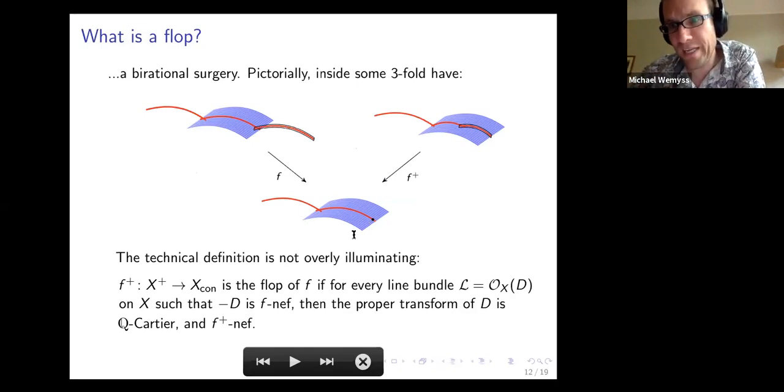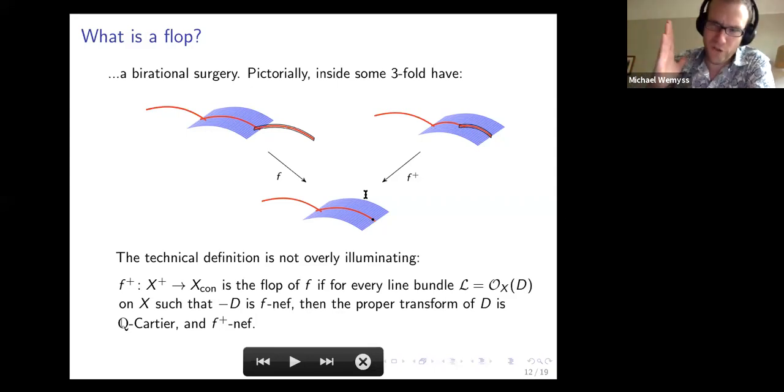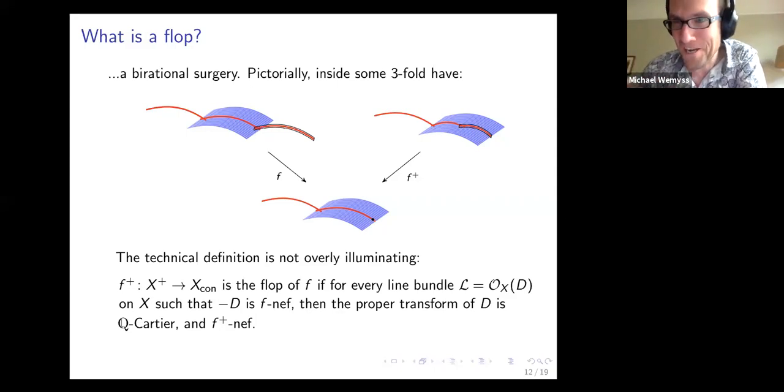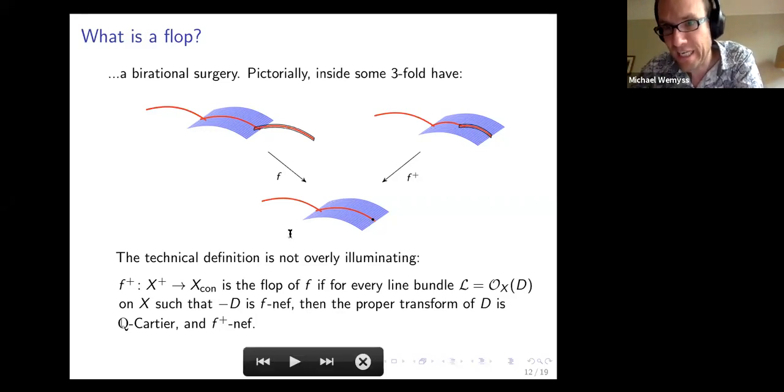And the flop is, roughly speaking, the answer to the problem: everything which is negative here translates, via the proper transform, to something which is positive there. In some sense, that's telling you there's one obvious surgery called the identity operation, and you have to make sure you haven't just taken your curve out and put the identity back in. Something has had to change, and basically some negativity property goes to some positivity. But the technical thing isn't going to help at this stage. It's mainly the intuition behind it.